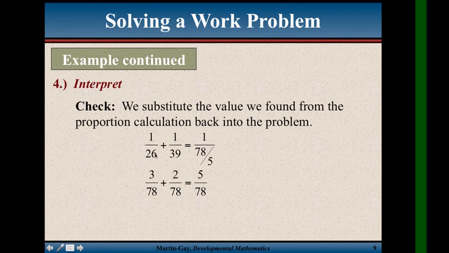Diba? 78 divide 26 is 3 and 78 divide 39 is 2 times 1 is 2. Equals this one, ang ginawa is kinuha yung reciprocal niya. So that naging 5 over 78 times 1 and that is 5 over 78. So the answer is true because 3 plus 2 is 5. So we have 5 over 78 equals 5 over 78.